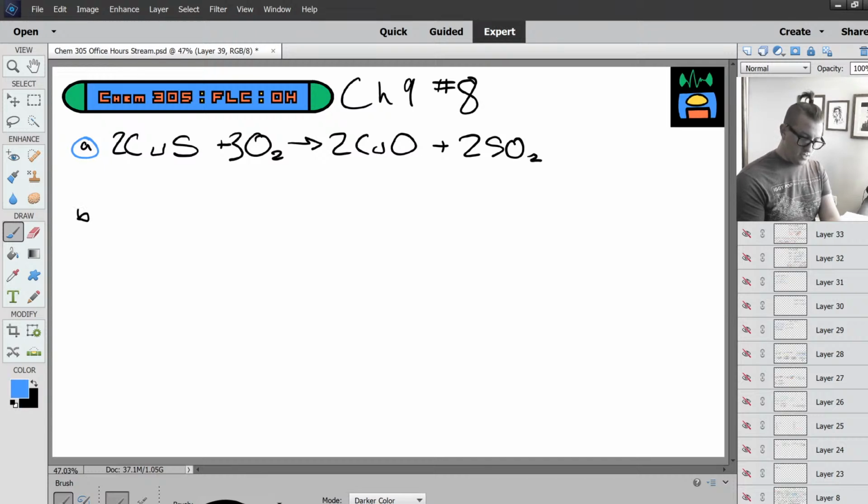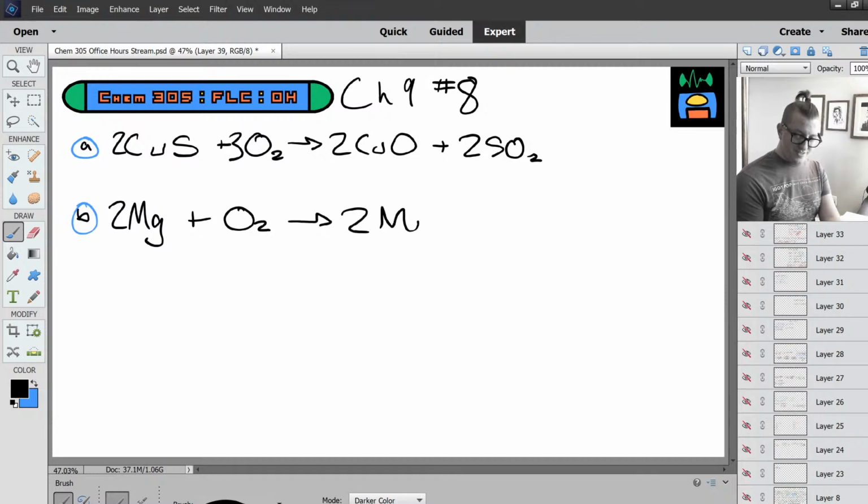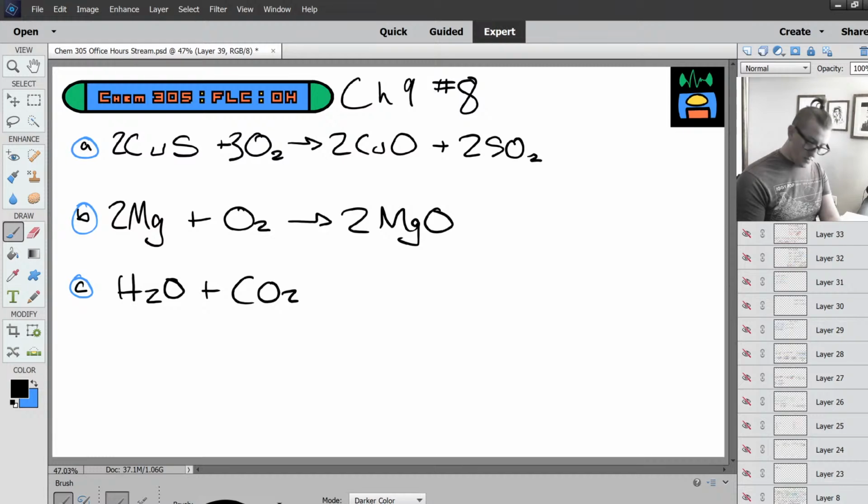B is Mg plus O2 produce 2 magnesium oxides. I don't know if you can hear that, but that's a baby playing out there. Next we have H2O plus CO. Oh, sorry, plus not CO2, CO. Producing H2 and CO2.